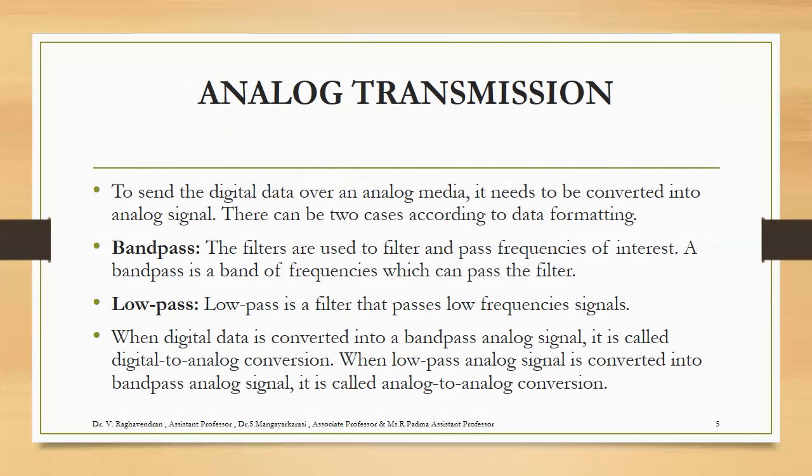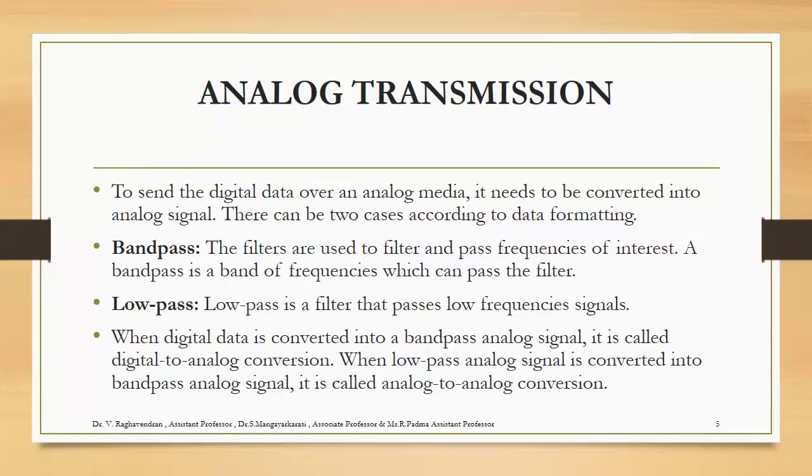The first one is band pass, the other one is low pass. Band pass means filters are used to filter and pass frequencies of interest. A band pass is a band of frequencies which can pass the filters. The low pass means it is a filter that passes the low frequency signals alone.